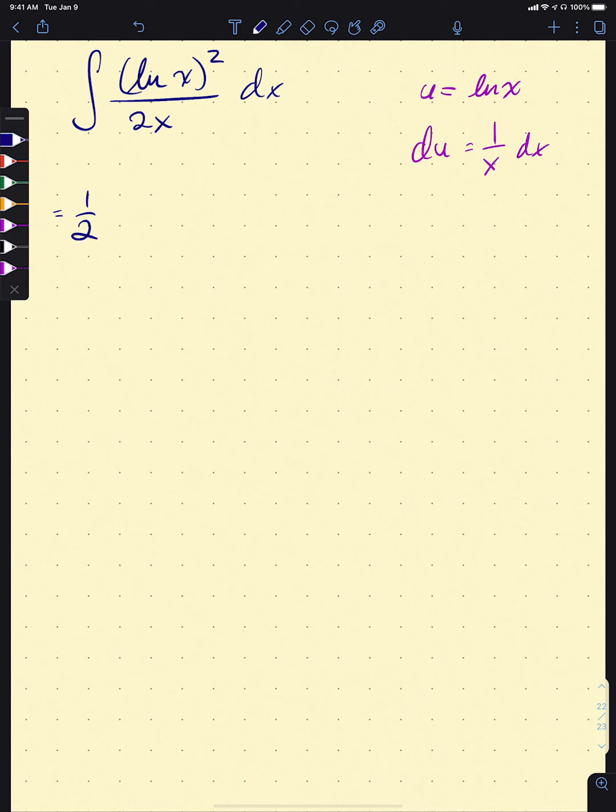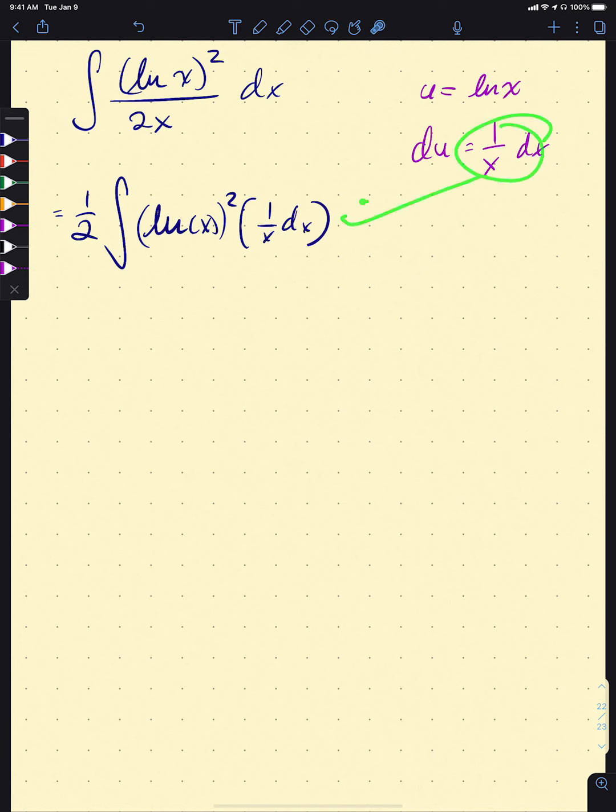We can bring this 2 out front, right? Because this is just a 1/2 times the integral of, well, my natural log of x squared stays there. And this is going to be times 1 over x dx.